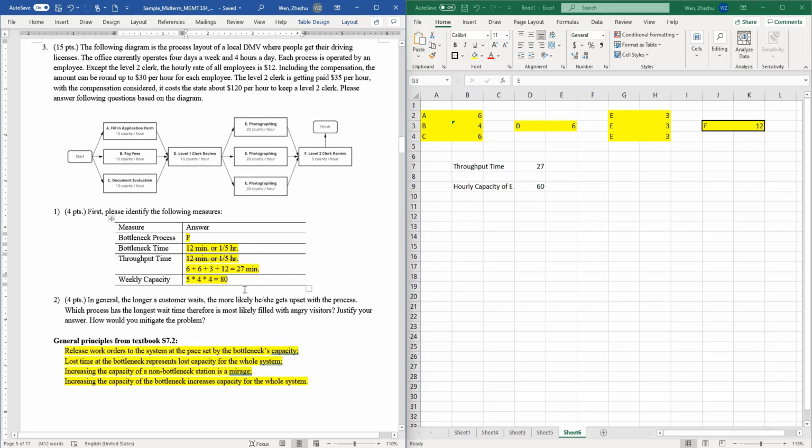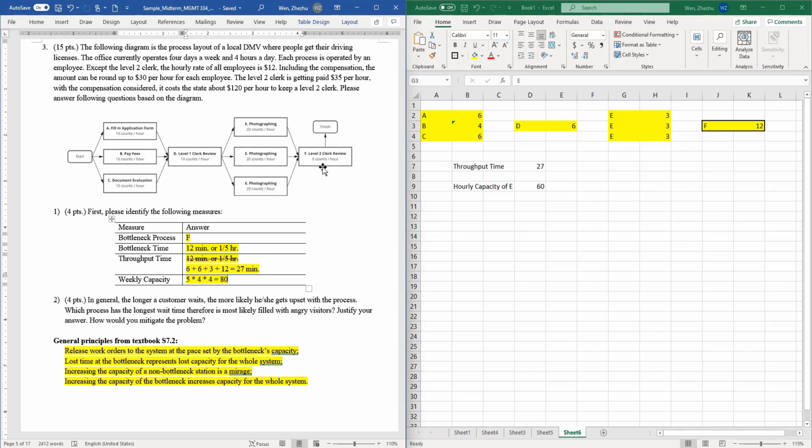So the weekly capacity is 80 because currently the hourly capacity of the system is 5 units per hour. How so? Because remember, F is our bottleneck process. It gives 5 units per hour, right? Therefore, 5 units per hour is the hourly capacity of the system.